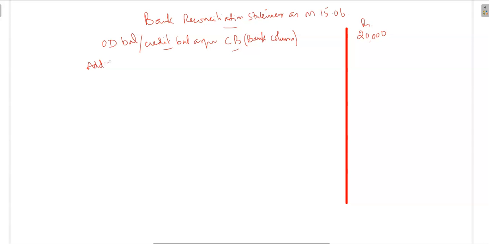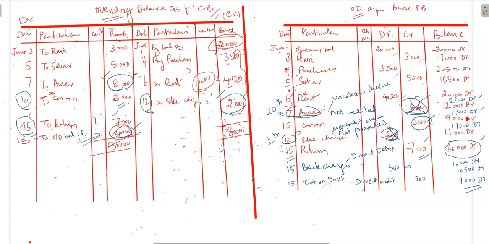Now we have to identify the items to be added and items to be subtracted to arrive at the balance as per passbook. What you must try to understand is that those items debited in cash book and credited in passbook are not required to be reconciled.